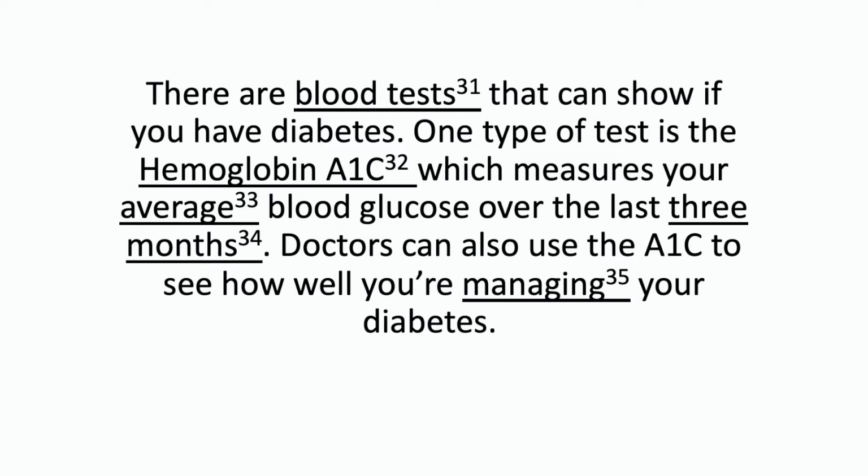There are blood tests that can show if you have diabetes. One type of test is the hemoglobin A1C, which measures your average blood glucose over the last 3 months. Doctors can also use the A1C to see how well you're managing your diabetes.